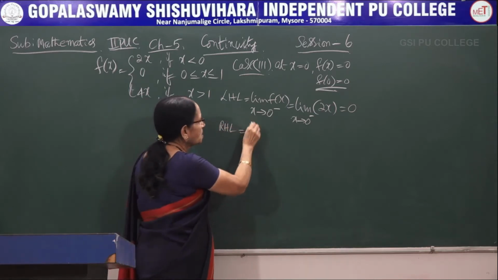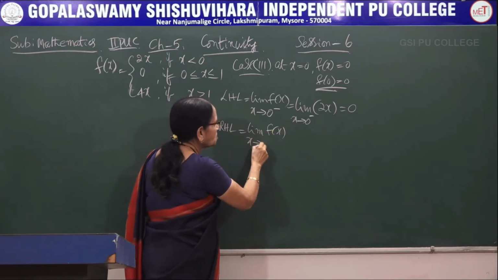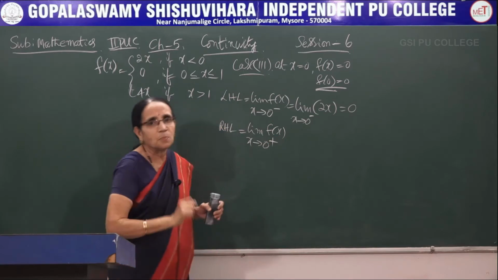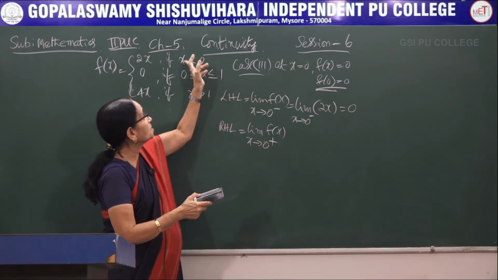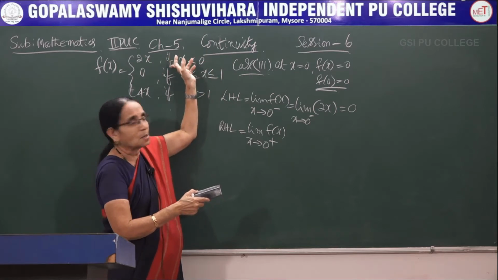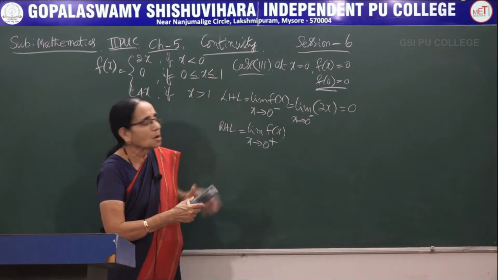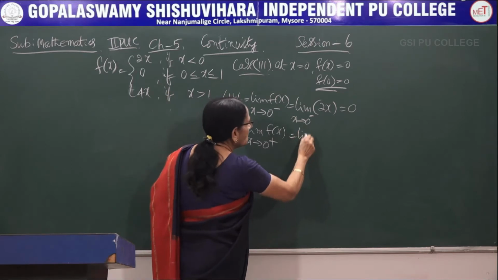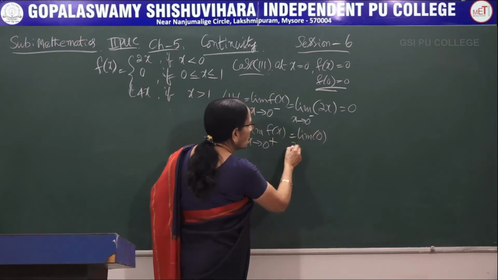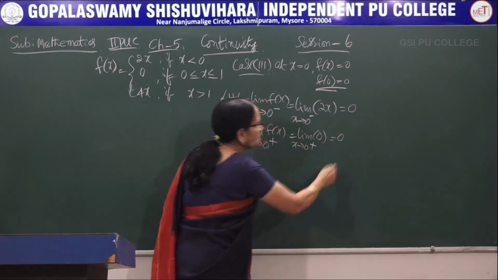So the right hand limit is the limit of f of x as x tends to 0 plus. For that, now which has to be taken here? See, less than 0, we have taken this as the left hand limit. This is for 0 less than or equal to x, that means x is greater than or equal to 0. So the function should be taken as this one, that is the limit of 0 as x tends to 0 plus, that is again equal to 0.